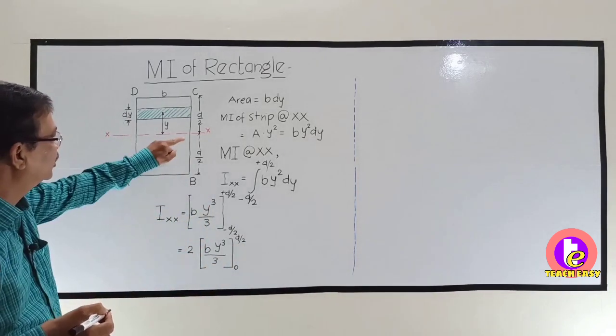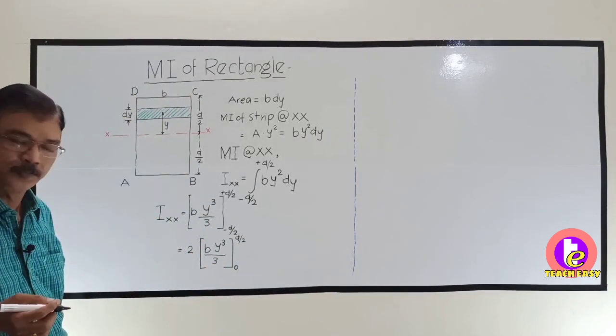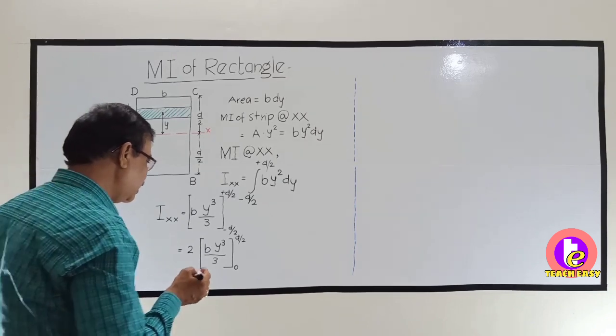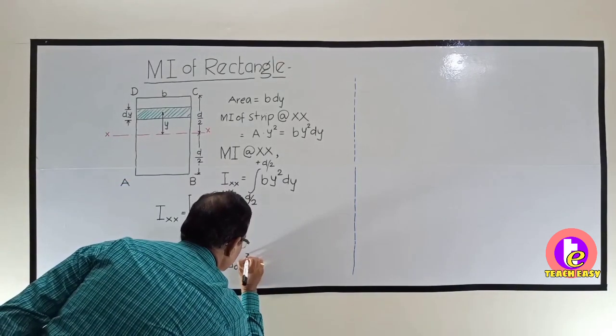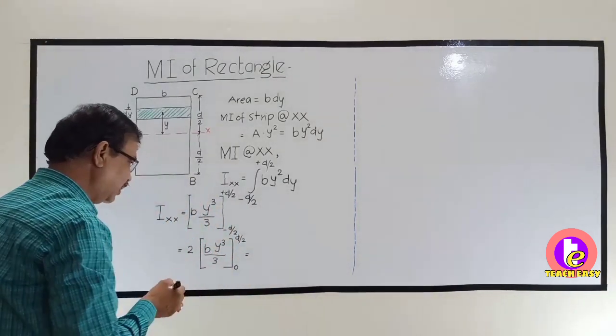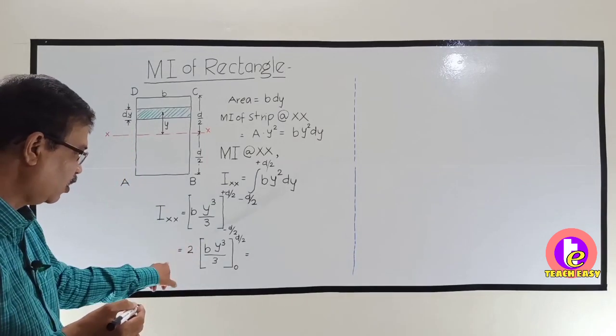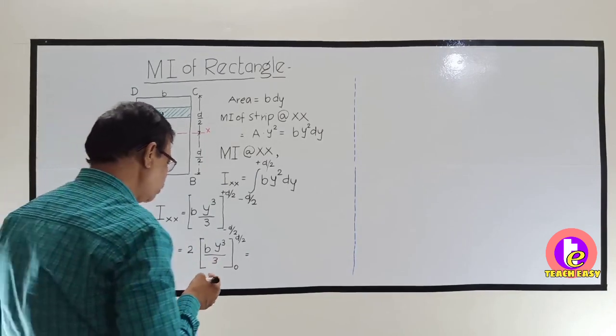Okay, so what will you get from this? b is common, I will take it out, 2 is common, 3 I will take it out.